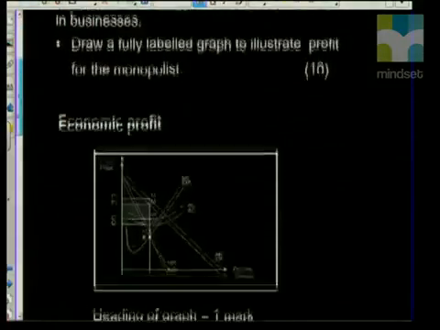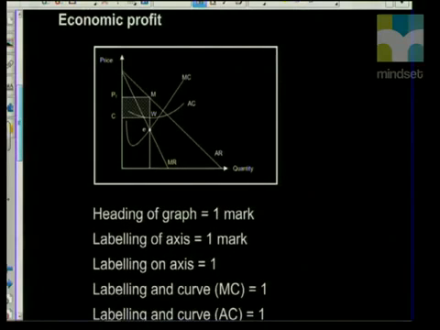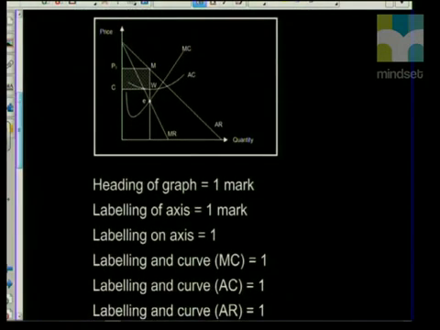Moving on to the second part of the essay. The additional part of the question asked you to indicate the economic profit of the monopolist. Very important, when you draw a graph like this, you have to make sure that you indicate the labels properly on the graph. So on your vertical axis, you put price, horizontal axis indicate the quantity.